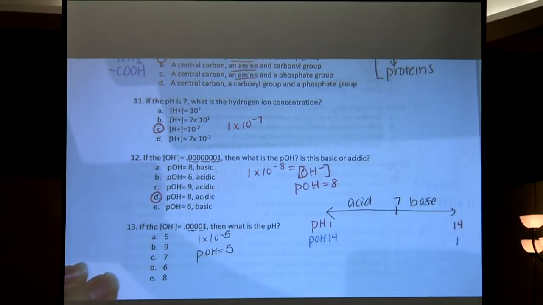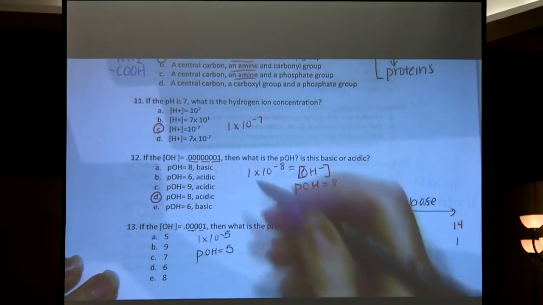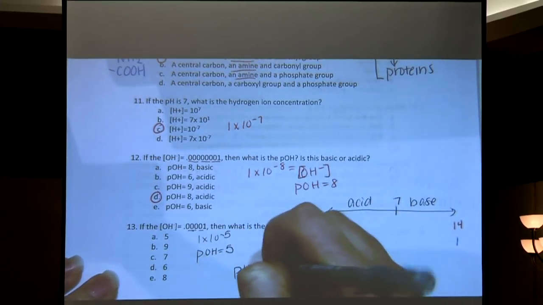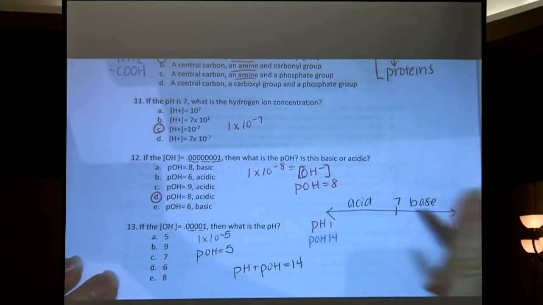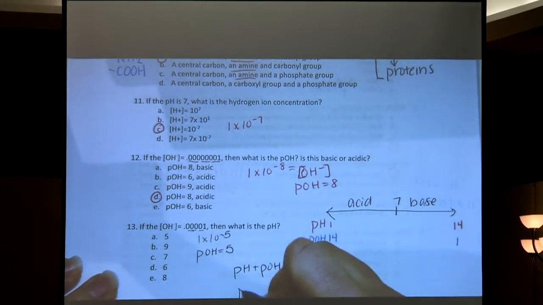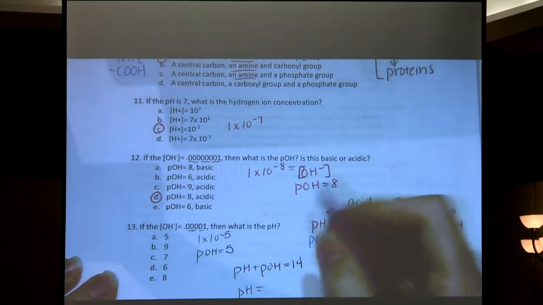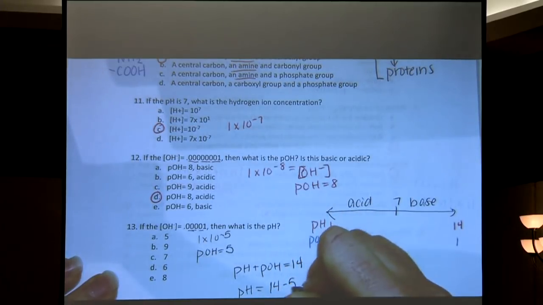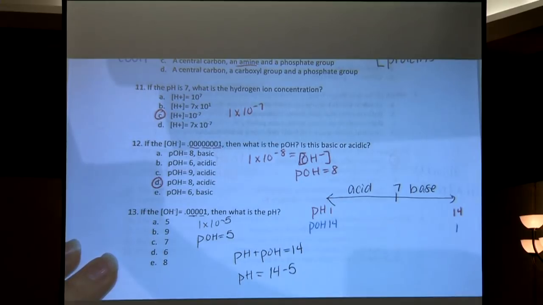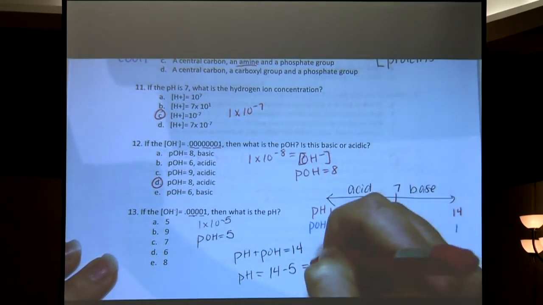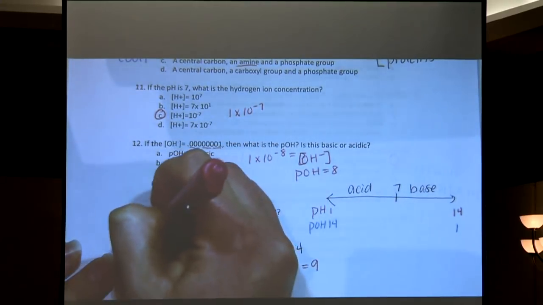And then does anyone remember what the equation is to get pH from pOH? All right, in this case, our pH and our pOH together should equal 14. So here, our pH should be 14 minus 5. And so overall, our answer should be 9, and we should have a pH of 9.